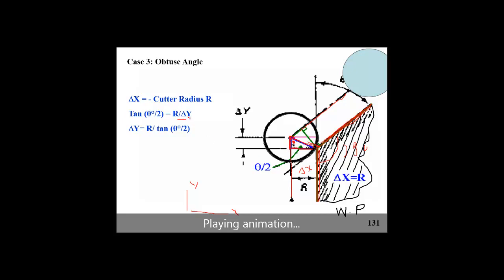What is known here? We know theta, we know r, so what is unknown is dy, and we can easily get that dy. Very similar to what we did before.